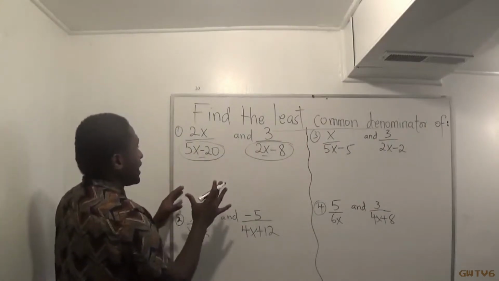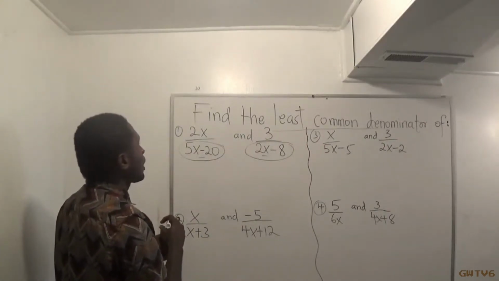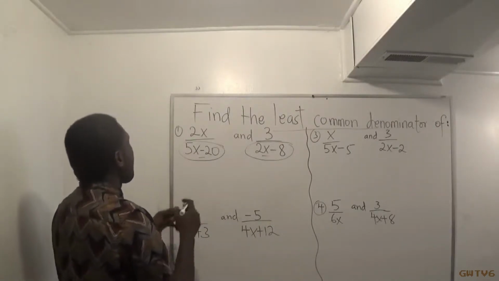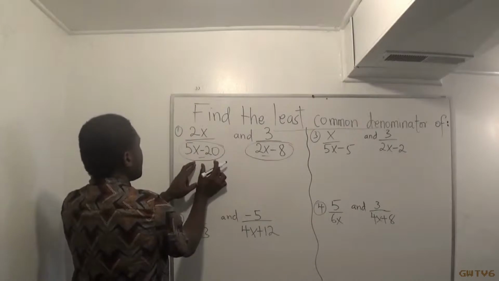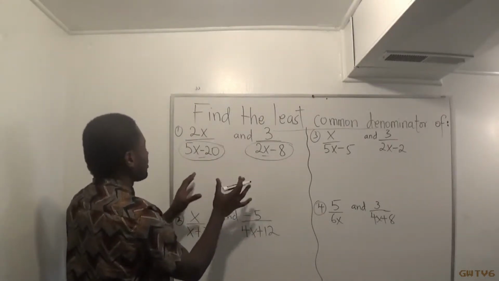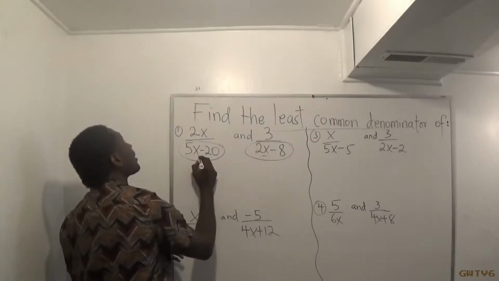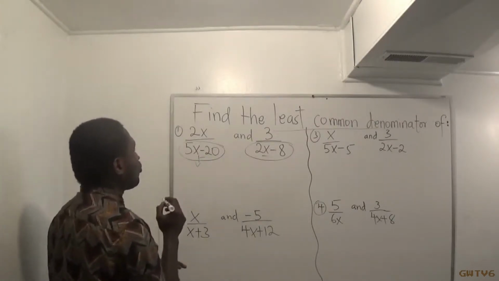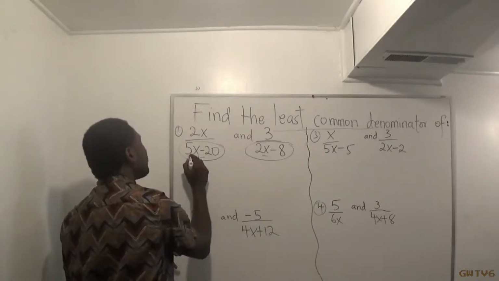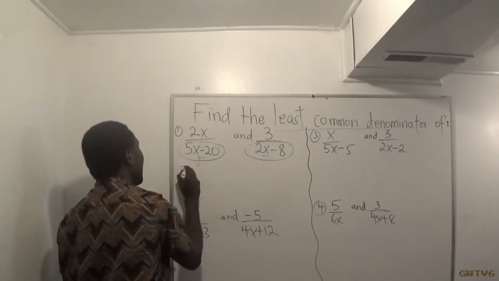When it comes to rational expressions like these, I'm going to have to factor any of the denominators that I can factor. So like this one, I should be able to factor that, right? But factor to what? The biggest number that can divide into 5 and 20 is a 5.